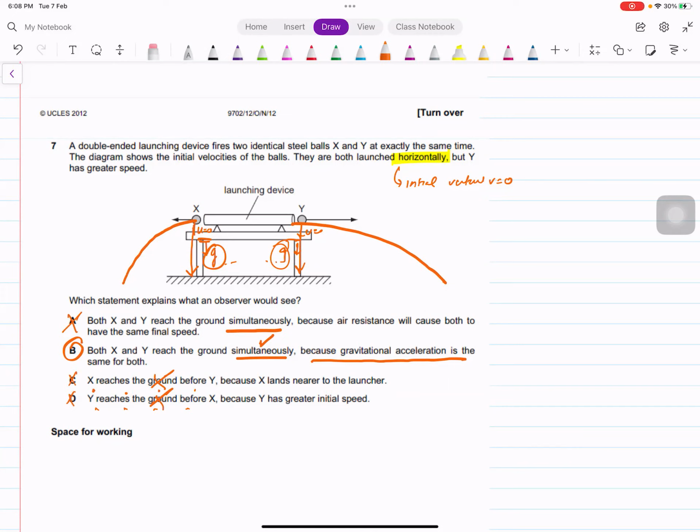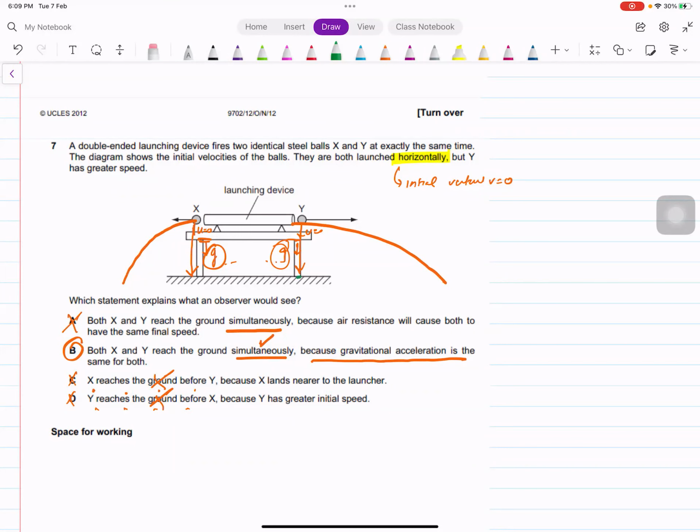Sir, but it says that y has a greater speed. It is released horizontally with the greatest speed. Now, again, come back to what I've told you. Horizontal velocity has no effect on how high or low it goes. Do you understand? It only affects how far it goes.